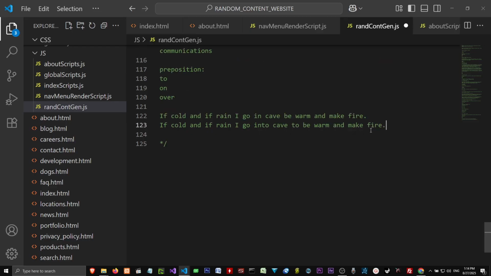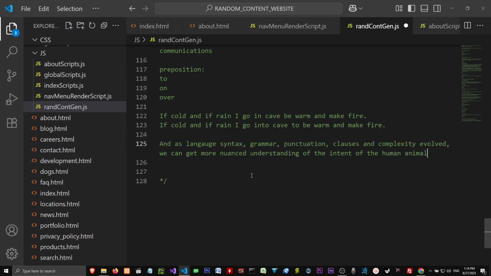We know what you mean. If cold and if rain, I go into cave to be warm and make fire. So rudimentary understanding, more refined English grammar that we know in the modern world.